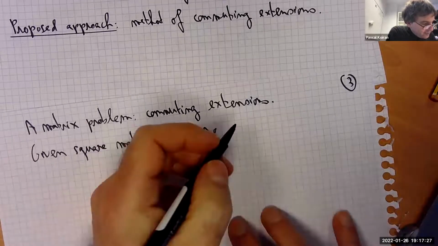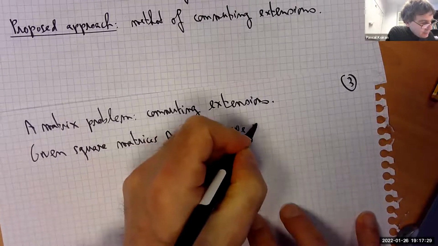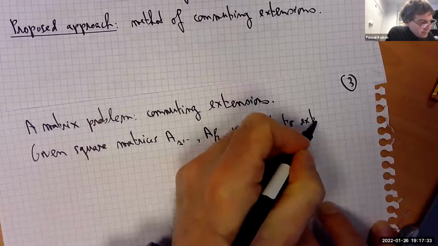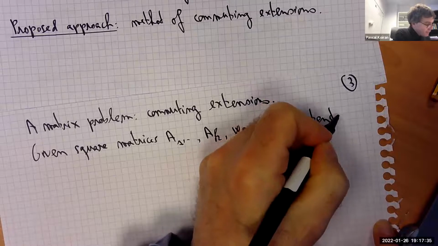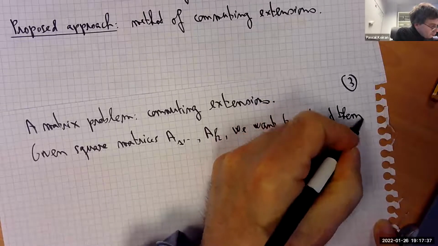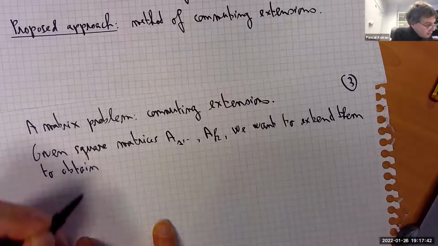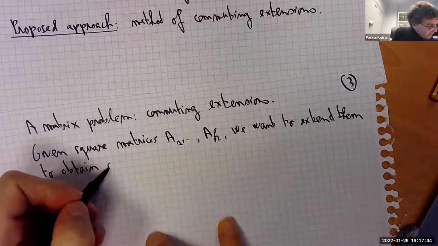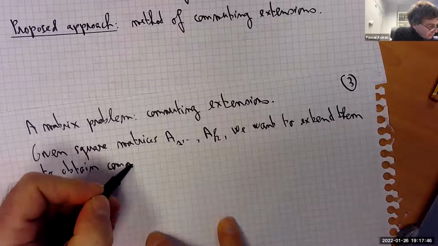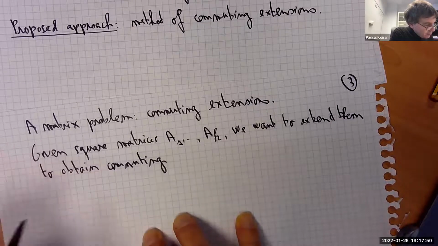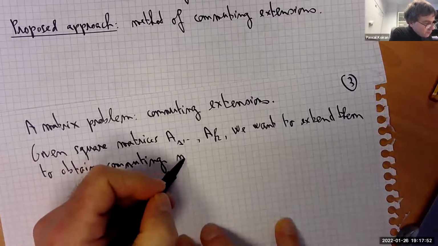We want to extend them in order to obtain commuting matrices. What do I mean by extend?